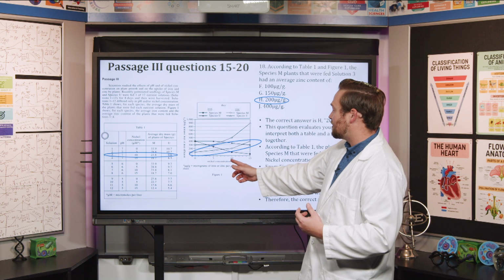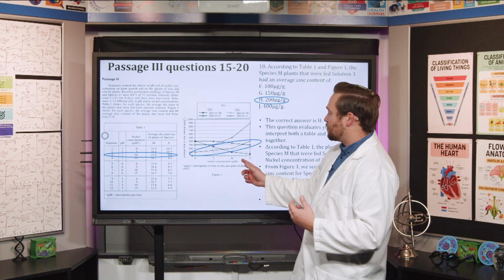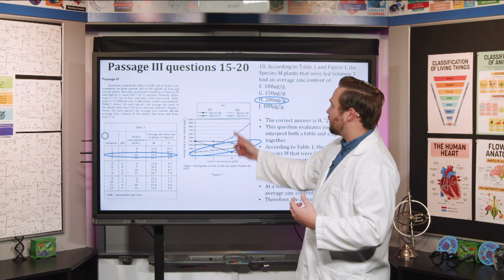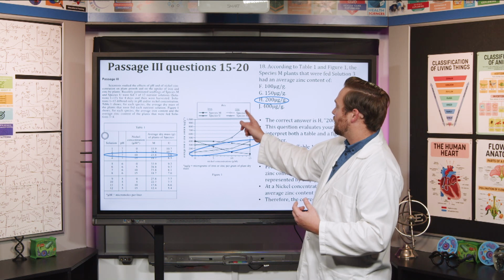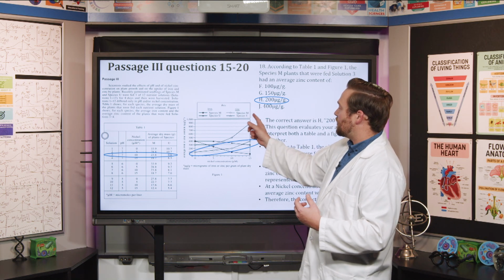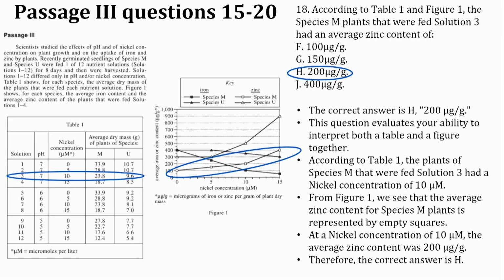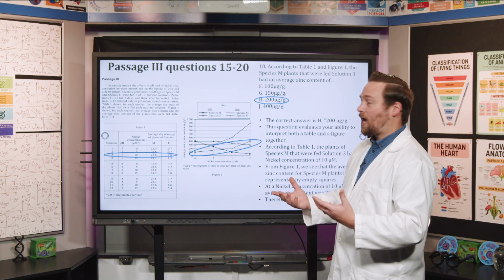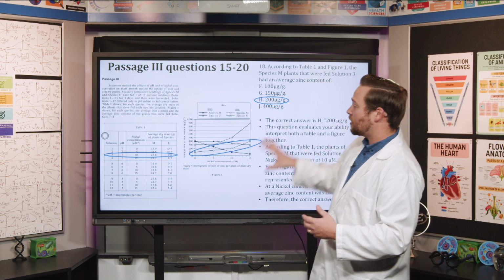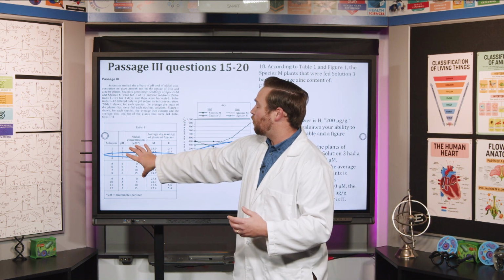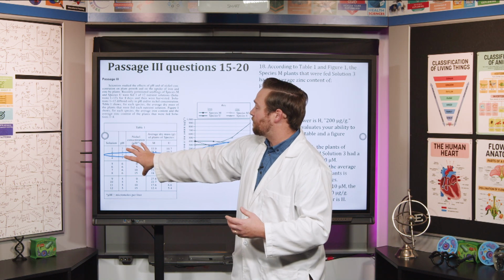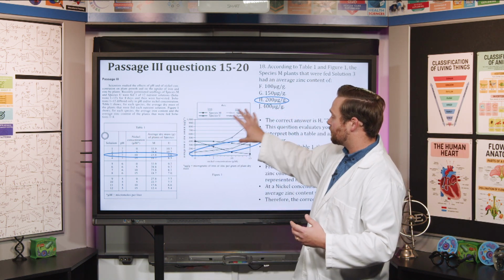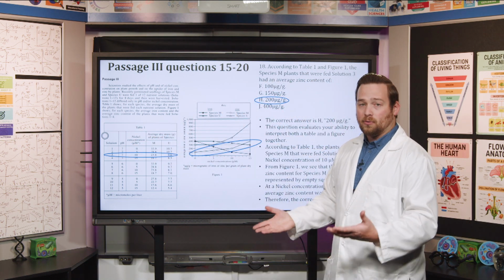Because when I find 10 micromoles of nickel concentration, and I'm looking at the correct key here, this is species M, that's the square line. When I go up, I can find that on the graph, and that's giving me the correct answer of 200 micrograms per gram. So that's kind of how we got this. It's kind of telling us where to look. We have to find that information on Table 1, and then we take that information and put it on here to Figure 1, and that's how we're able to find the correct answer.